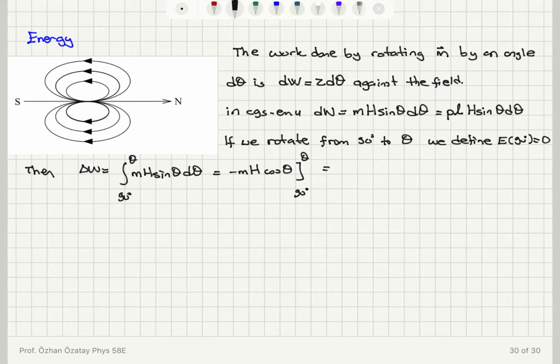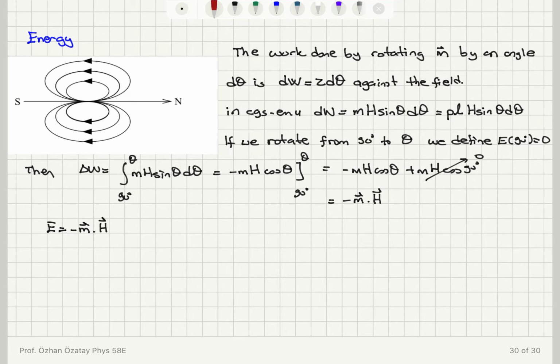So that will be minus m h cosine theta plus m h cosine 90, which is 0. So we see that the energy stored is minus m h cosine theta, which is minus m dot product with h. So the energy stored in a magnetic moment at an angle theta with respect to the magnetic field is minus m dot h.